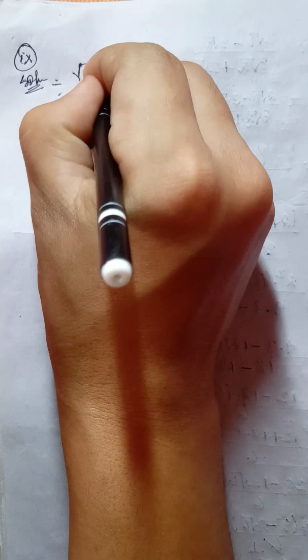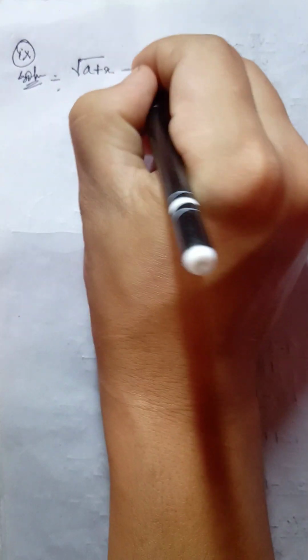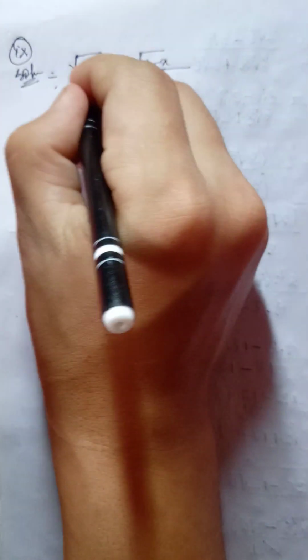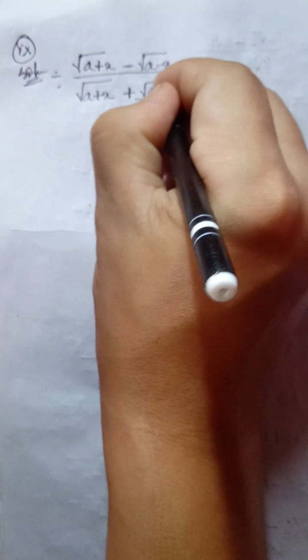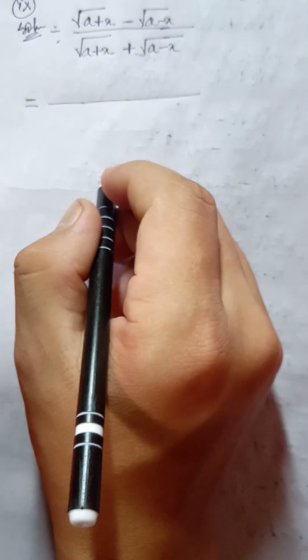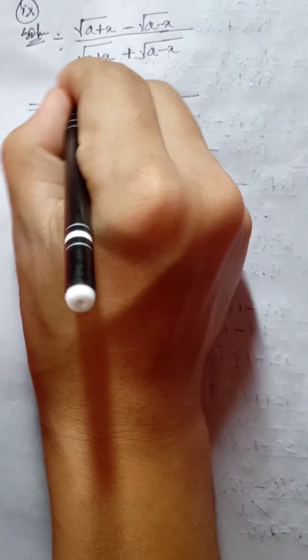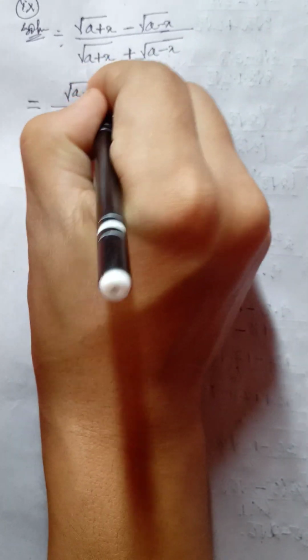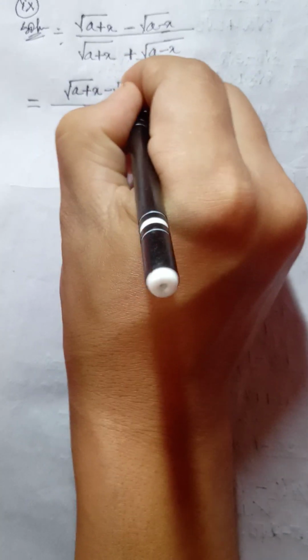That is root over a plus x minus root over a minus x, divided by root over a plus x plus root over a minus x. Here it will be a plus x minus a minus x.